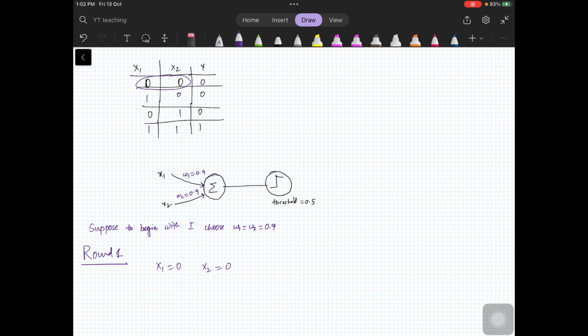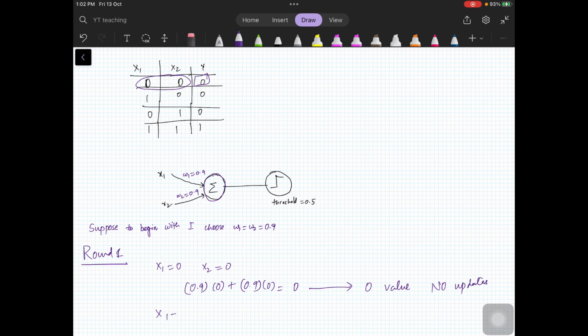So what will happen, the sum function would be 0.9 into 0 plus 0.9 into 0, that would be 0. So the step function will give us a 0 value. This is what we were expecting. So therefore there is no update, because this is what we were expecting. So our error is 0.